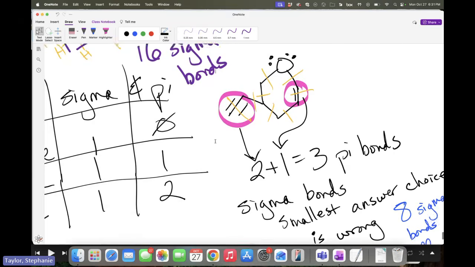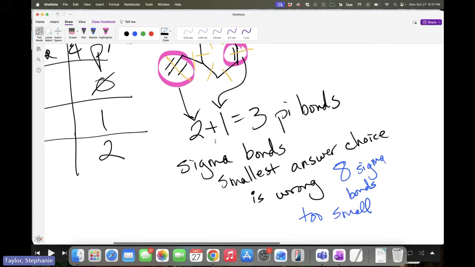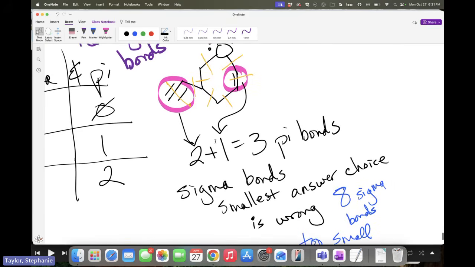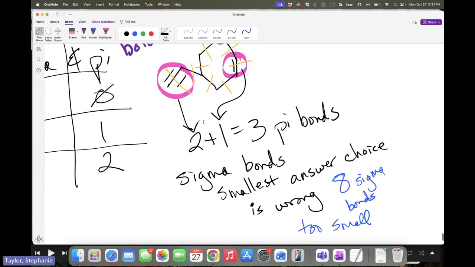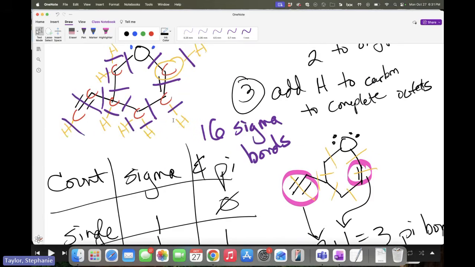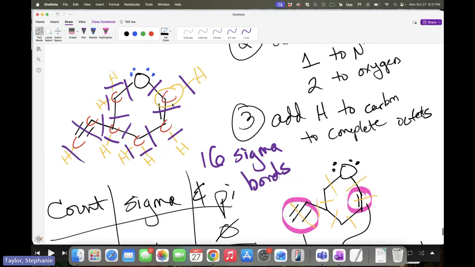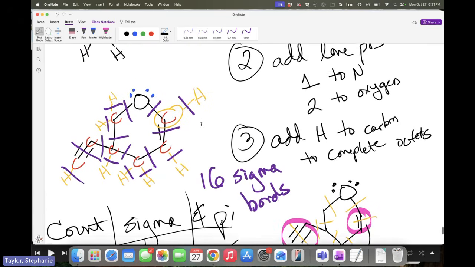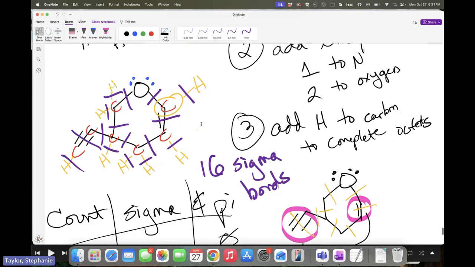I don't promise that one. But the smallest value for sigma bonds is always the wrong answer because it's just so easy to miss one somewhere. After that one, I can't promise, maybe because there's too many options, but the very smallest number is always wrong.